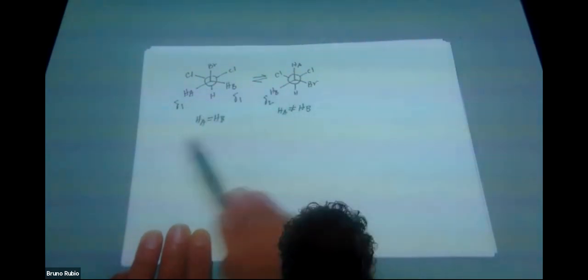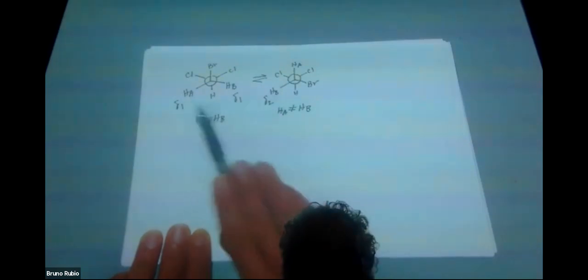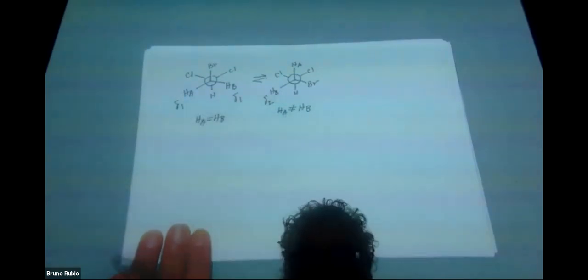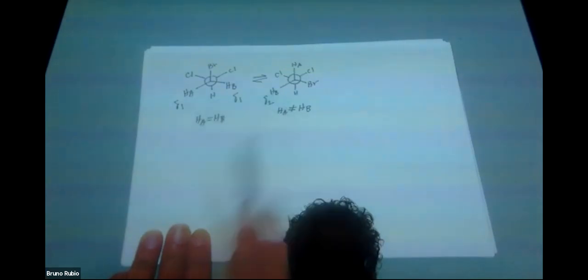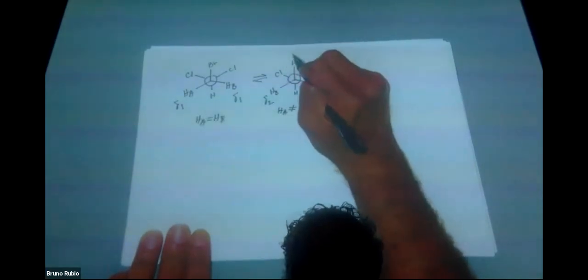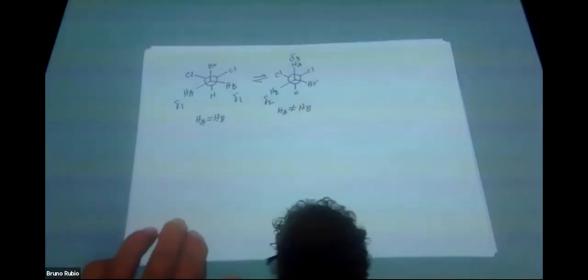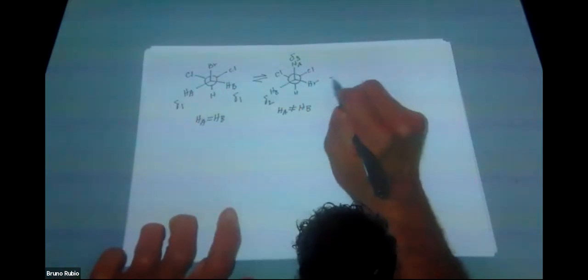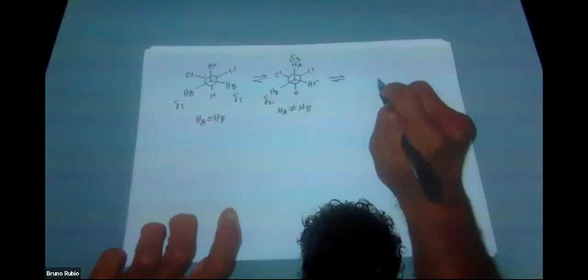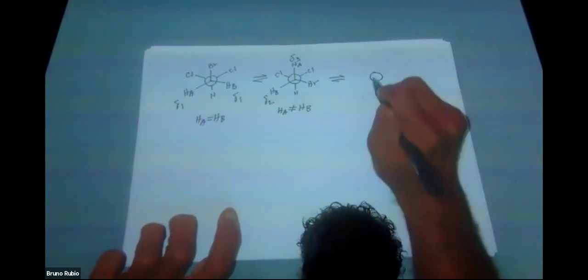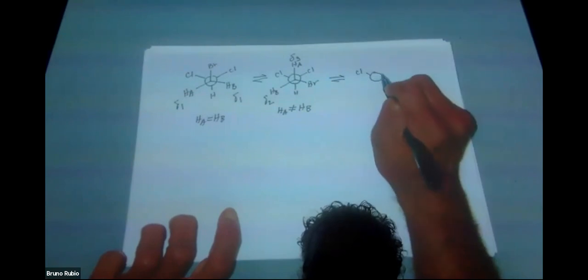So even though the proton is still at 8 o'clock in both of these Newman projections, it's not the same chemical environment. We could tell the difference between these two. And HA, that's a new chemical shift. I'm going to call it delta 3. Now let's look in on this Newman projection a billionth of a second later.